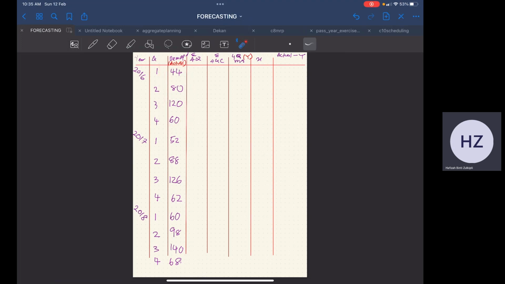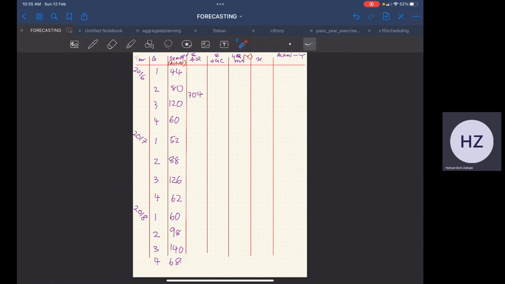You need to put the value 304 in the middle of these 4 values, which is the center of the 4 values here. So you fill up the value of the summation here: 304.